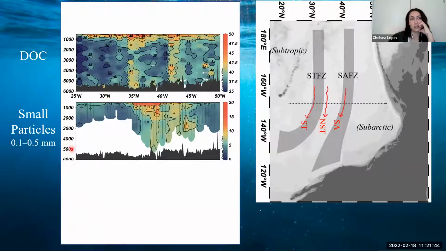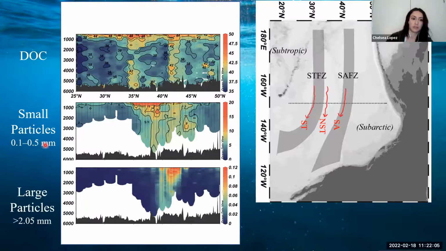This is within the limits of certainty of the UVP, so you would need a different sensor to measure particles smaller than that, like different benchtop instruments. So it's subjective: 0.1 to 0.5 millimeters, which is relatively large compared to micrometer particles. And then here's large particles, greater than 2 millimeters.